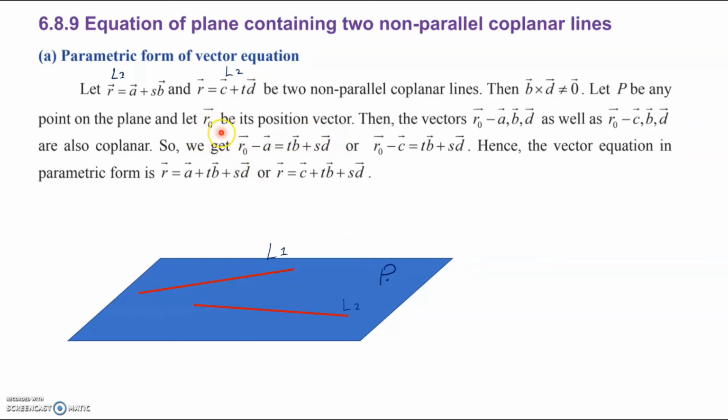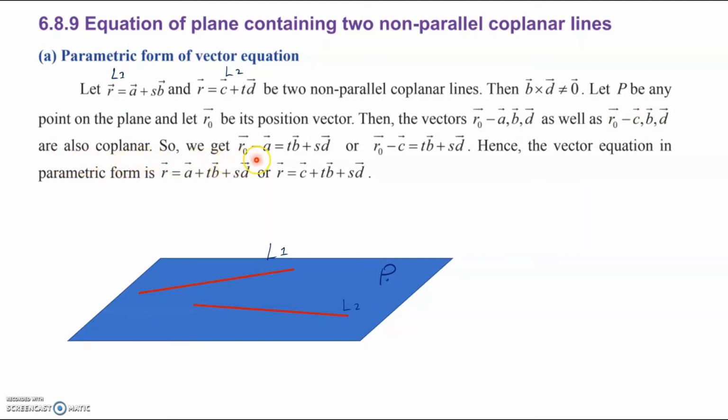So R naught vector is the position vector of the point P. Then the vectors R naught minus A vector, B vector, D vector, as well as R naught minus C vector, which is a point on line 2, B vector and D vector are also coplanar. All of these will be coplanar.